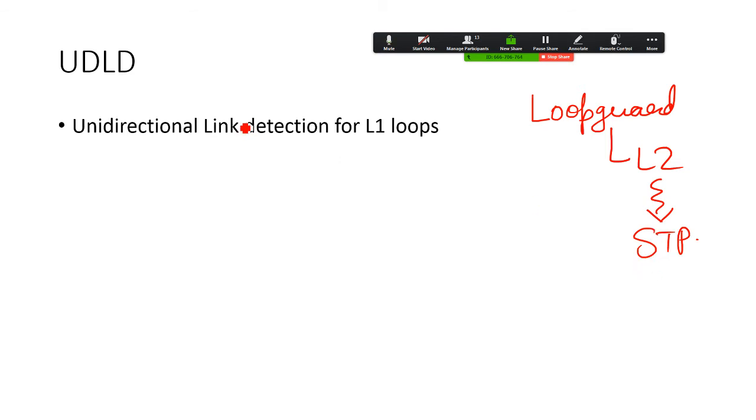But the loops that you can get may not be only due to spanning tree. Maybe you can even get that kind of condition if your physical cables are wrong. That's so-called layer 1 faults. And in that kind of condition, we would be using the feature called UDLD.